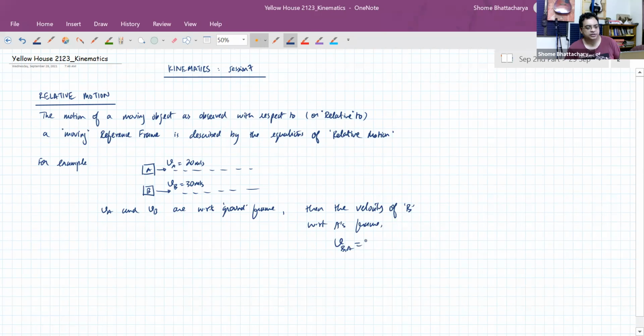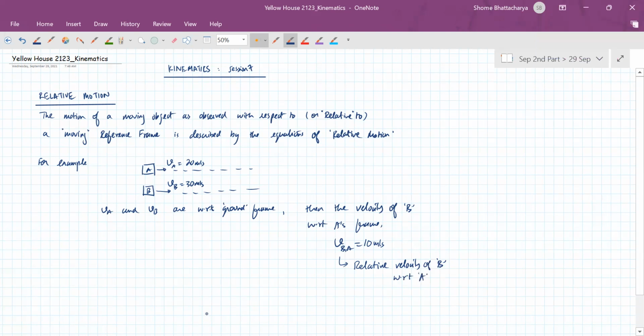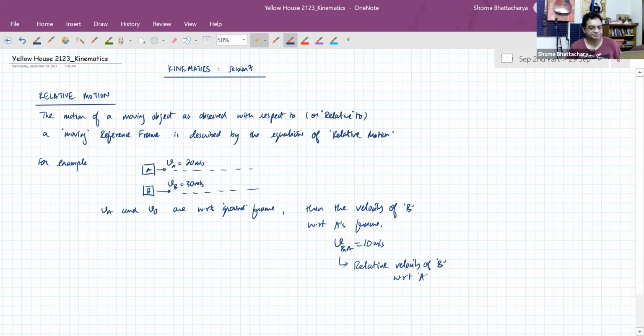It will appear to be 10 meters per second. So this term is now called the relative velocity of B with respect to A. Okay, so this is an example of the application of the concept of relative motion.